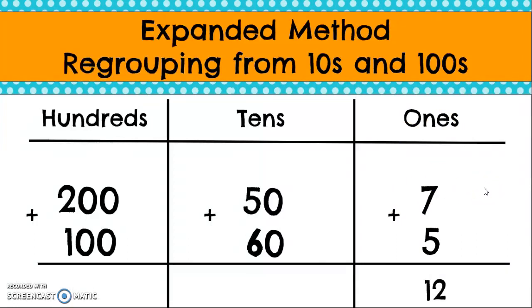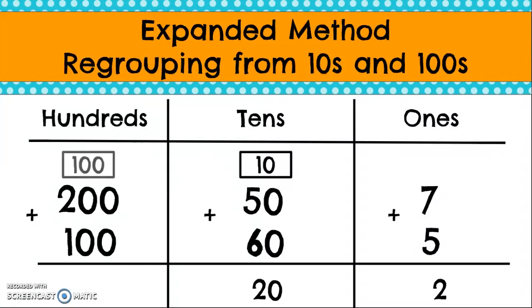You realize that you have a 10 to give. Then you add up your tens, and you realize you have 100 to give. And then add up your hundreds, leaving you with the answer of 422.